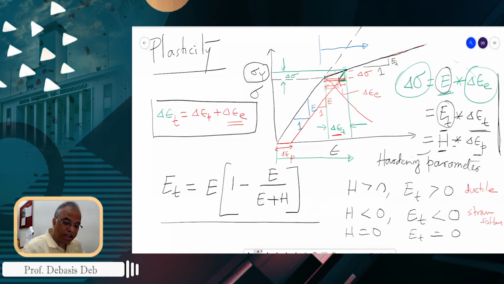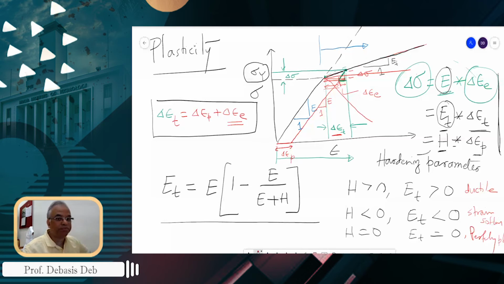And this means perfectly plastic. If H is 0 and ET is 0, that means this is a perfectly straight line, right? The slope of this line is 0, that means it's a straight line. This is what we call perfectly plastic.